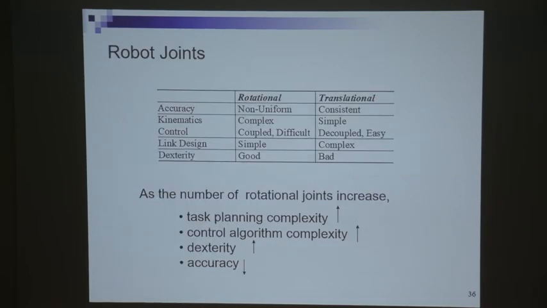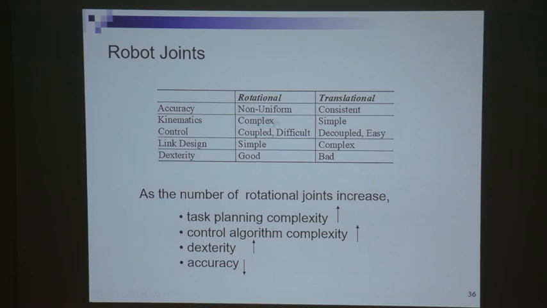Now we look at the joint. For robotic joints, there are essentially two types: the rotational joint and the translational joint. These are the general characteristics of a rotational joint and of a translational joint. For accuracy, the rotational joint will be non-uniform, while the translational joint will be more consistent.